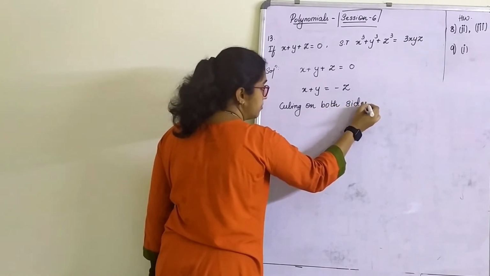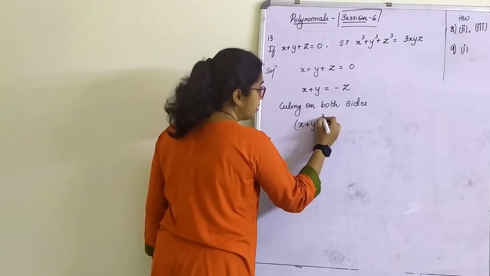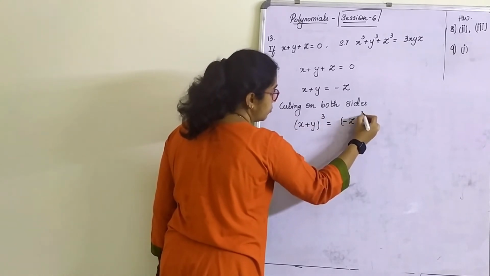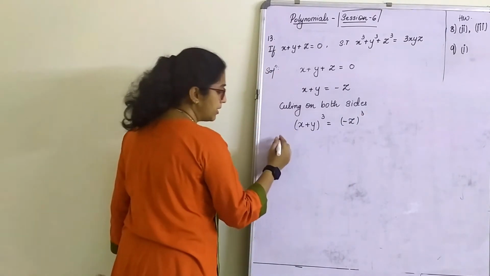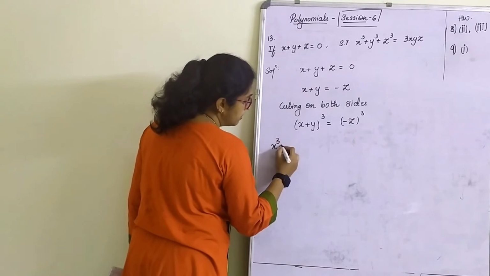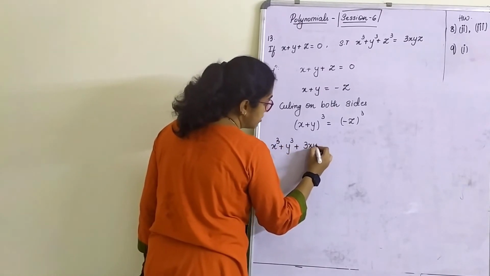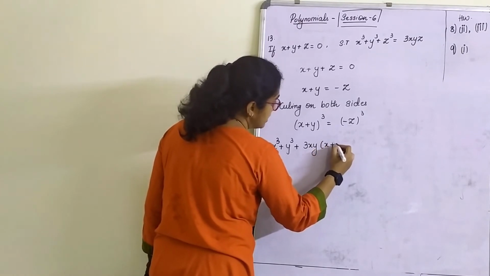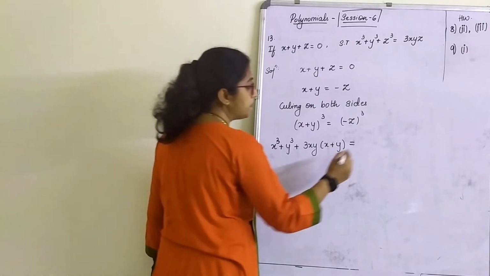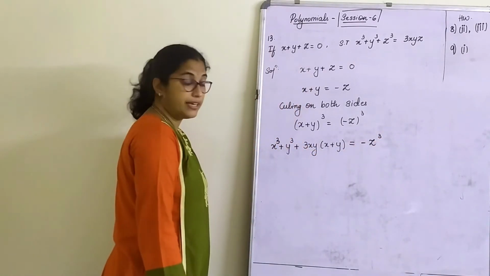Cubing on both sides. So this will be x plus y whole cube is equal to minus z whole cube. A plus b whole cube formula. Write that x cube plus y cube plus 3xy of x plus y is equal to negative number raised to odd power. Answer is negative minus z. Okay.